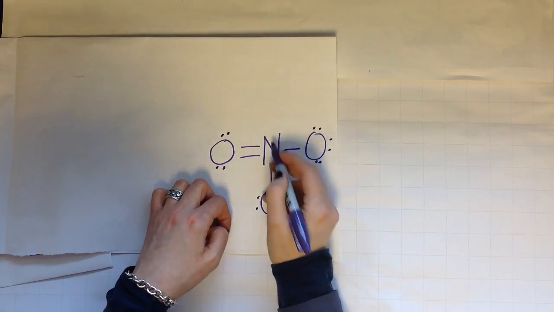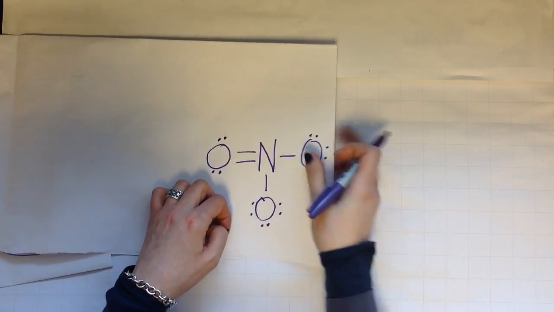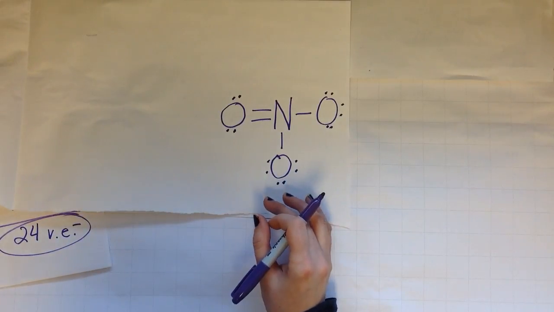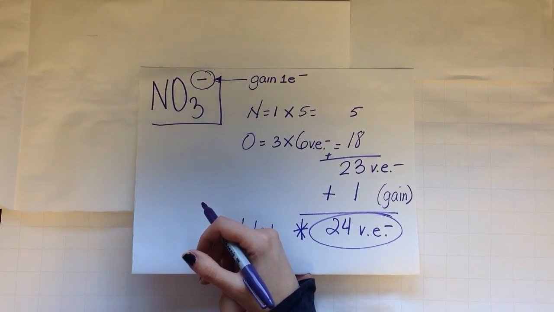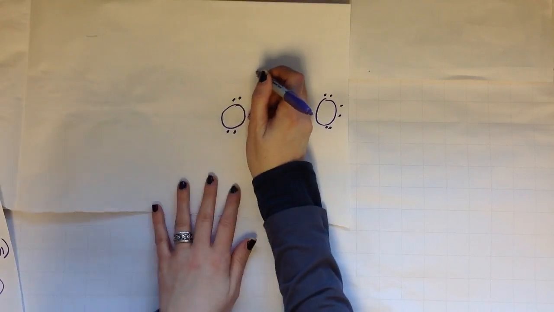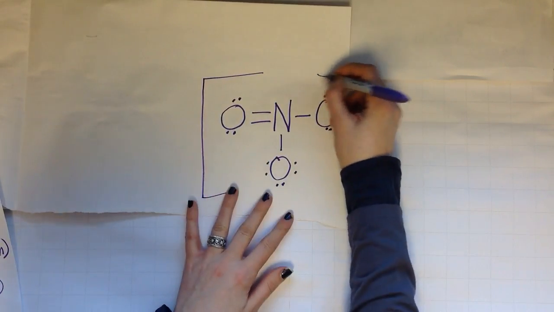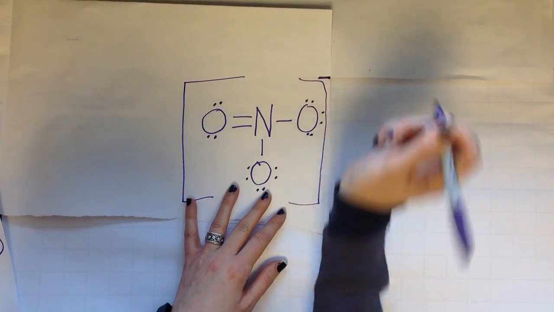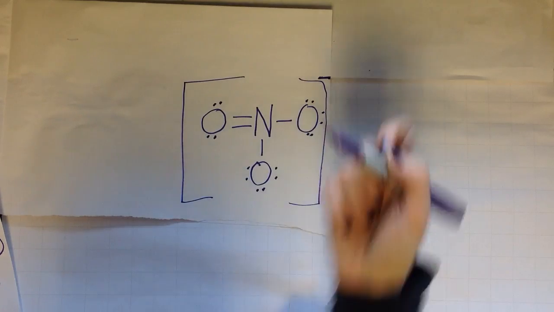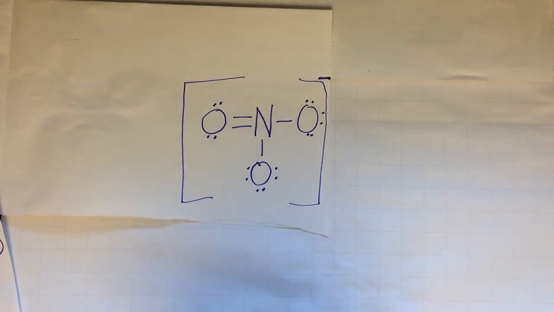I don't need any more on the nitrogen. Now remember, this was a charged compound. We have NO3 minus. Anytime you're drawing the structure of an ion, it goes in brackets and the charge goes on the outside. Sneak that charge in right there. Minus. Don't forget charge and brackets, and they're only used when you're dealing with a Lewis structure that is an ion. That's the end of the video.